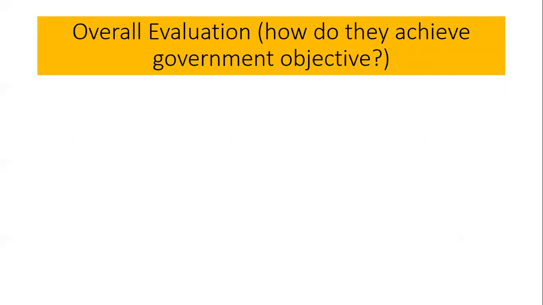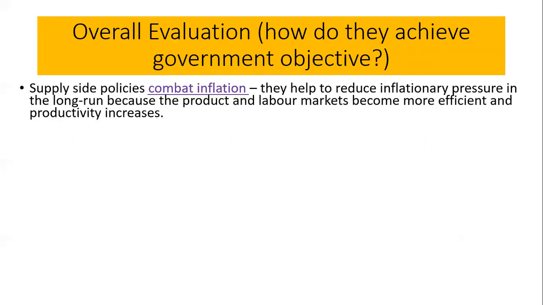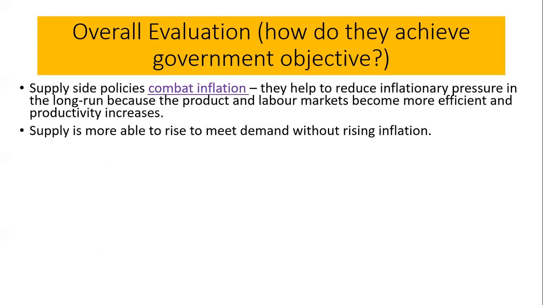So overall evaluation, how do they achieve government objectives? Supply side policies, they combat inflation. They help to reduce inflationary pressure in the long run because the product and labor markets become more efficient and productivity increases. If we experience a rise in the demand for goods and services, that will bring with it a rise in the supply of goods and services.